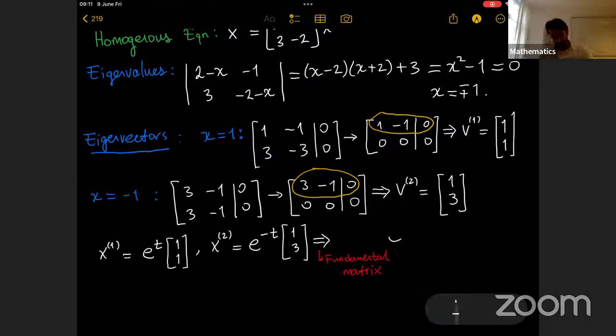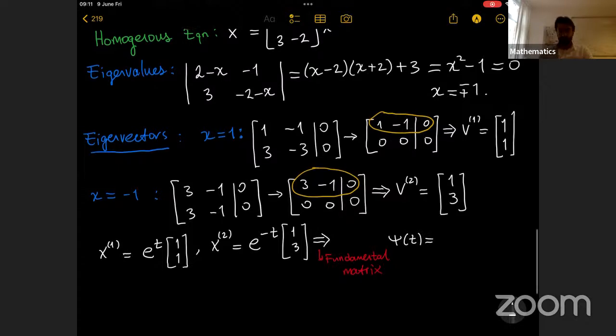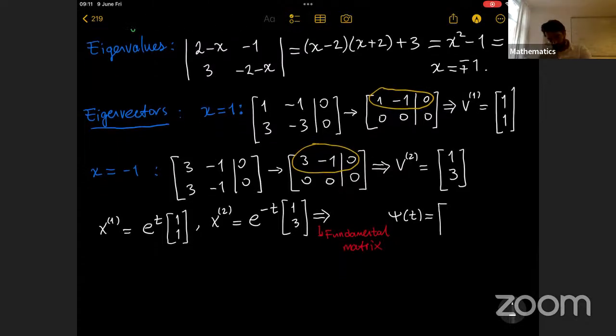Okay, so psi of t is, maybe let's write in simple form, e to the t, e to the t, right? This is the first vector, x1, and the second vector is e to the minus t, 3 times e to the minus t.